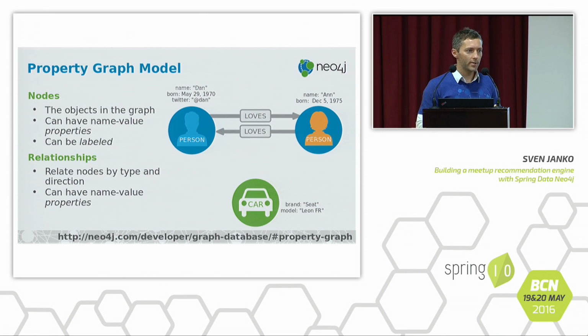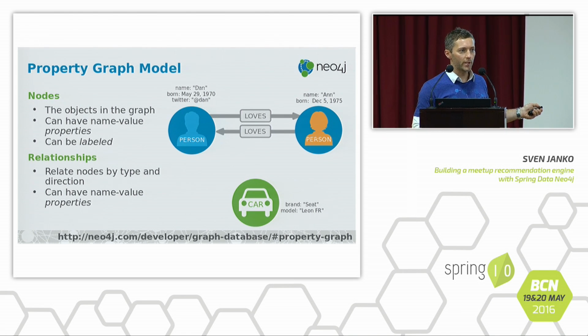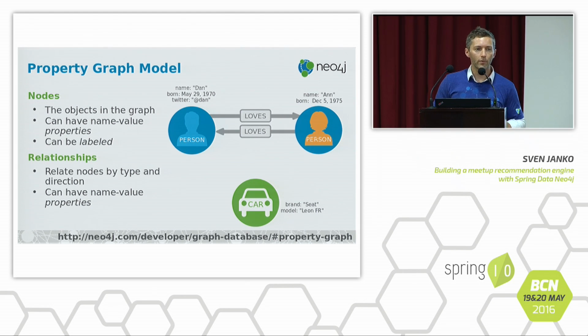What we also see in the simple example is that nodes can have properties, or key-value pairs in general. In that case, Dan has the attributes name, born, and Twitter. And what I mentioned with the schema-less approach is that we do not have to add the same attributes to all other person nodes. So we see here Anne doesn't have the Twitter attribute.